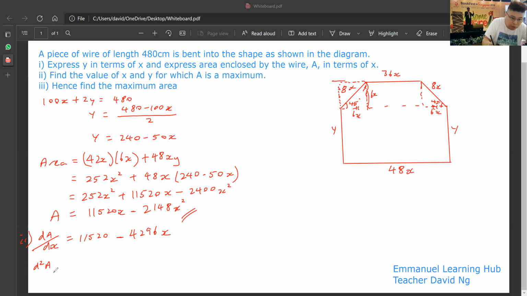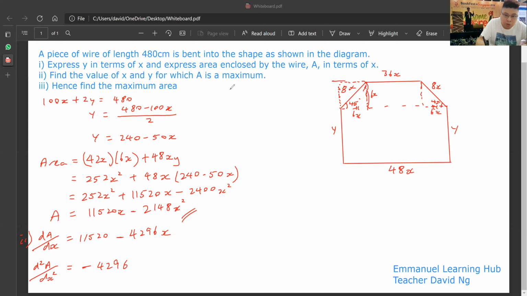Second derivative. Negative means maximum, right? When it's negative means A is maximum, right? Agree? Yeah.